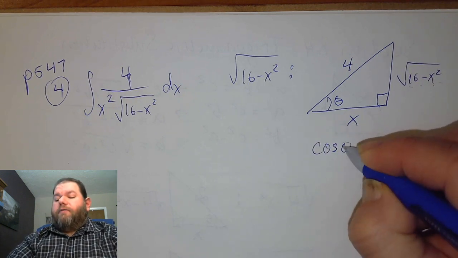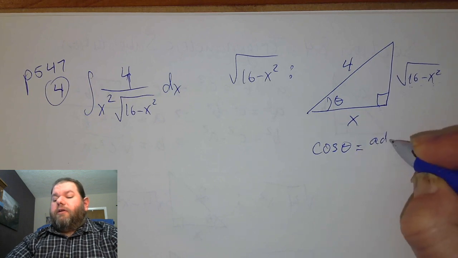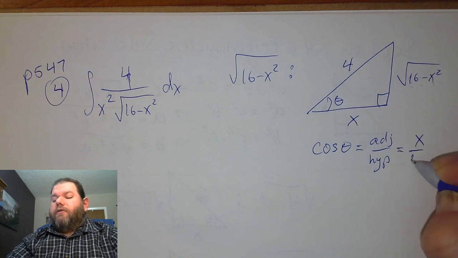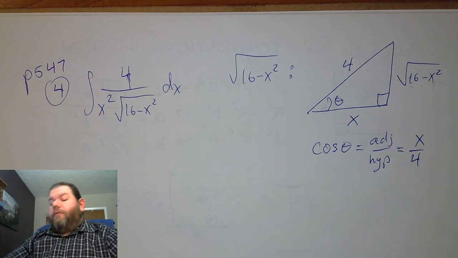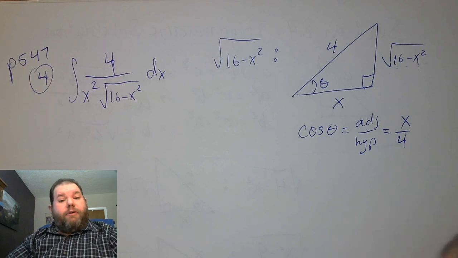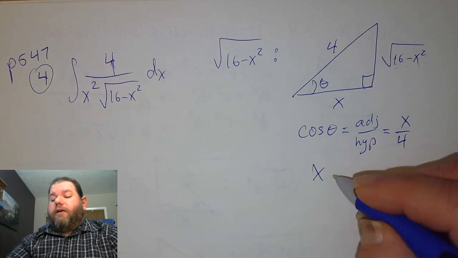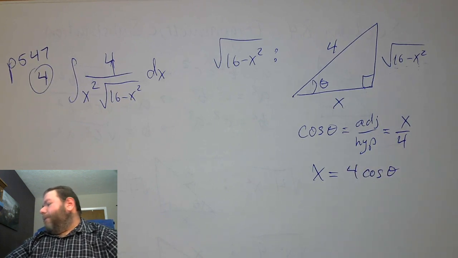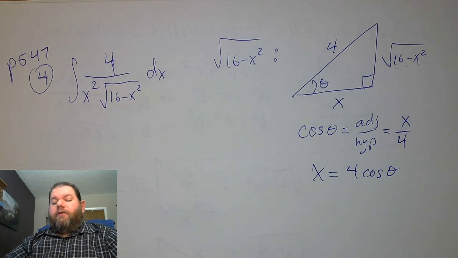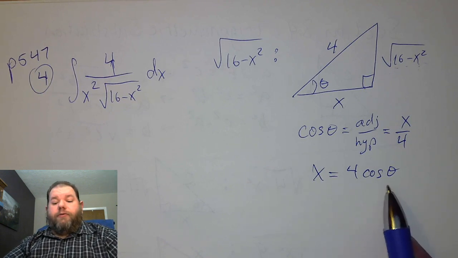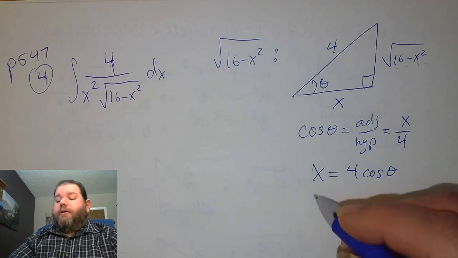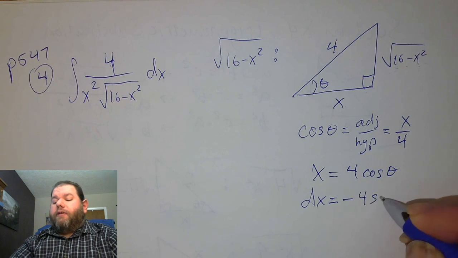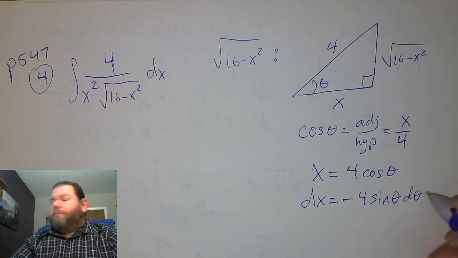So we know cosine of theta is adjacent over hypotenuse, which in this case is x over 4. What that means is we can solve this equation for x and say x is equal to 4 cosine theta. Essentially this is going to be our substitution. Let x equal 4 cosine theta, take its derivative, dx will be negative 4 sine theta d theta.